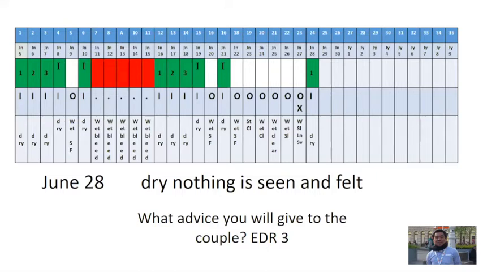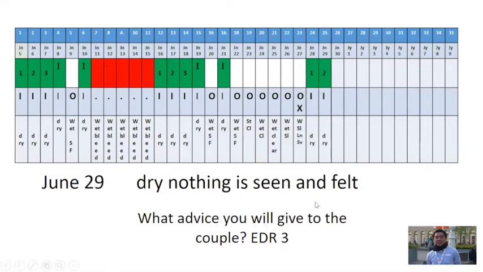Now we need to wait for 3 more days before intercourse is resumed. 28 is dry, the first day of the luteal. 29 dry, second day of the luteal. June 30, the third day of dry after peak day, the third day of the luteal phase. What will be our advice for July 1?